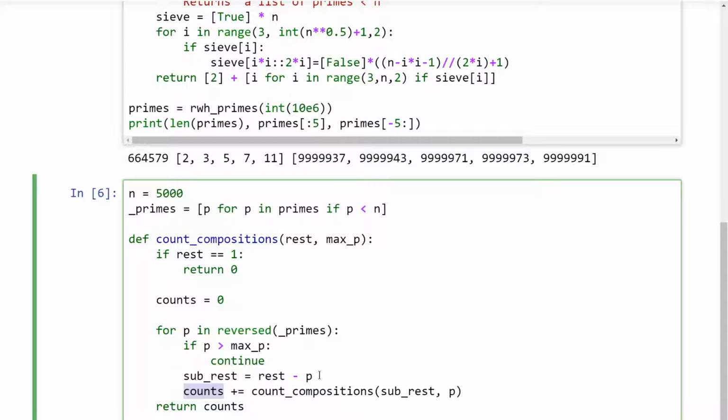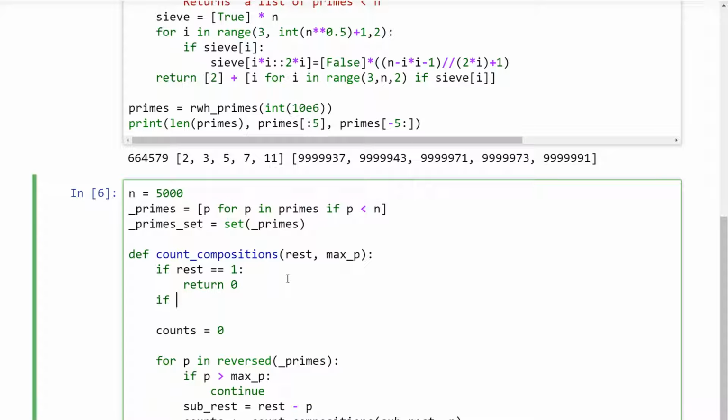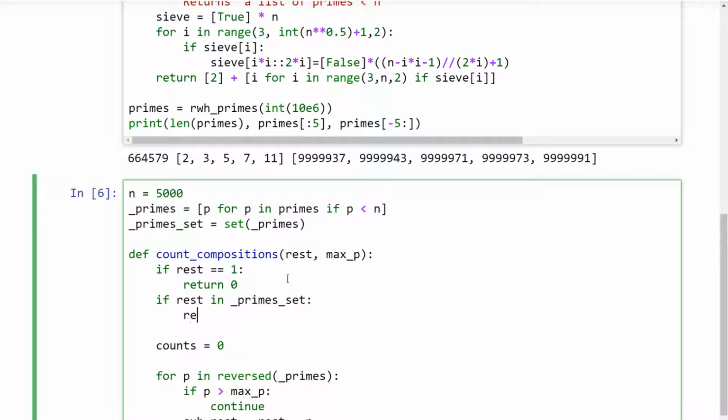Let's look at the case where the rest is 5. If rest is not a prime, then we return 1. If rest is a prime, yeah, I think that's how we do it. Primes set. So if rest in primes set, return 1.